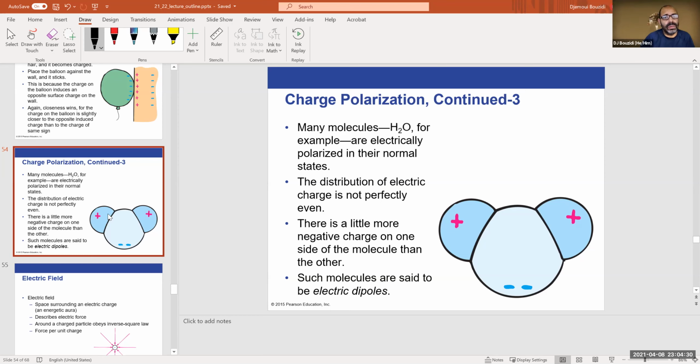Okay? So it's an important aspect, and this polarization really explains a lot of things. Some molecules are more polarized than others. So what causes it? It is usually an asymmetry in the distribution, like this one in here. There is an asymmetry because, first of all, the oxygen has more protons inside to attract more charges to it, and it's more massive.